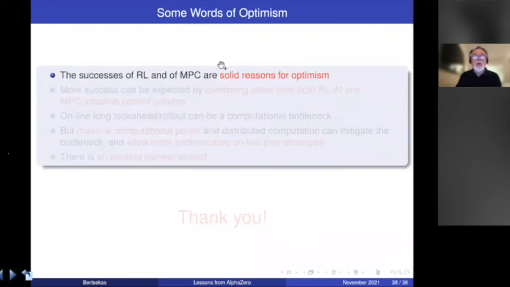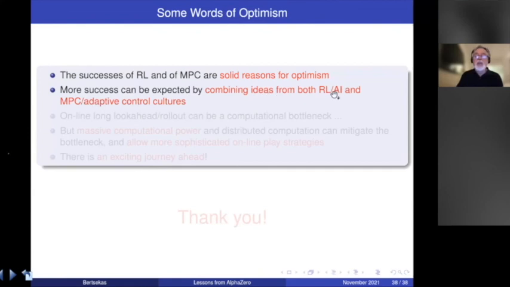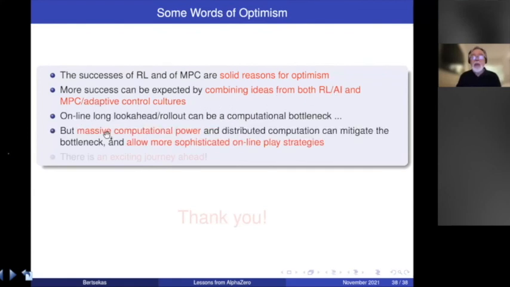So let me close with some words of optimism. We had tremendous successes in both artificial intelligence reinforcement learning and MPC. And this provides hope for the future. More success can be expected by bridging the gap between these two communities. Lookahead minimization and rollout can be a computational bottleneck.